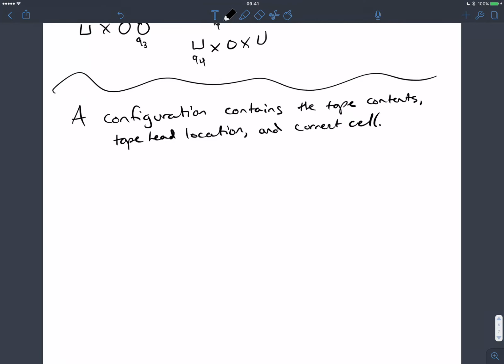More formally, it's a string in gamma star, Q, gamma star. So what in the world does that mean? It just says a bunch of tape characters followed by a single state, which represents the state that we're currently in, and tape characters afterward.